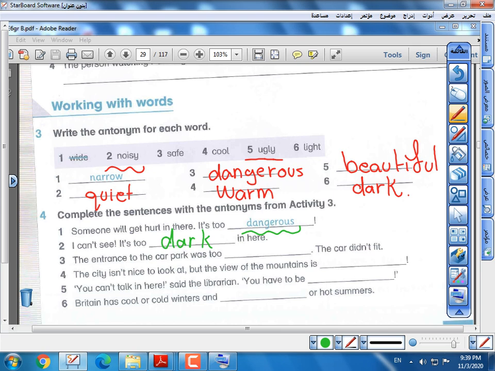Okay, so it's too dark in here. يعني المكان جدا معتم.